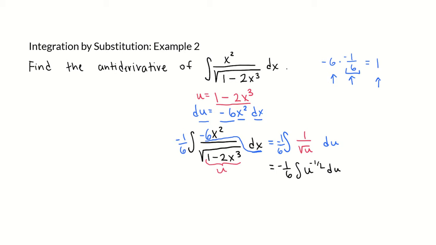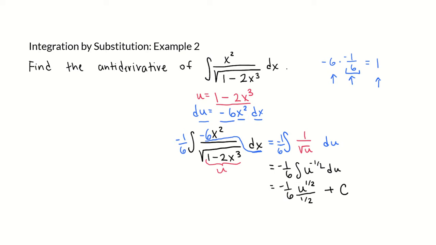Just rewriting to make it a little bit easier, which is negative 1/6 u to the positive 1/2. We add 1 to the power, and then we divide by the new power, so divide by 1/2, plus some constant c.